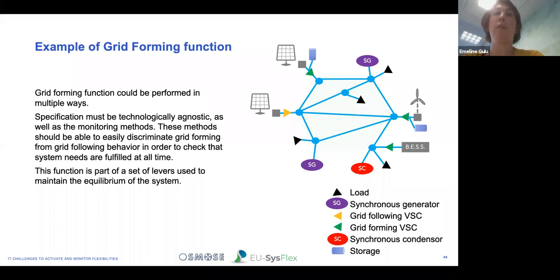For example, a faster response time for frequency containment reserve, or other services will need to be created. For example, in Great Britain, an enhanced frequency response has been created, which is a faster frequency response, which goes along with classical primary control. And grid forming, which is a new service, would be able to react immediately, and so can be considered as fast as inertial response.